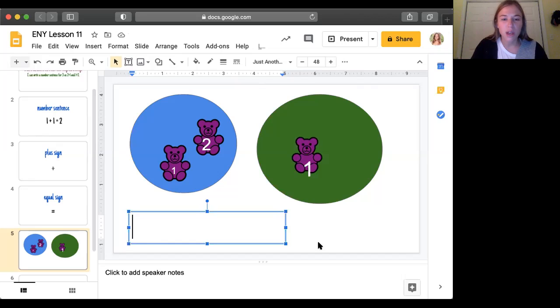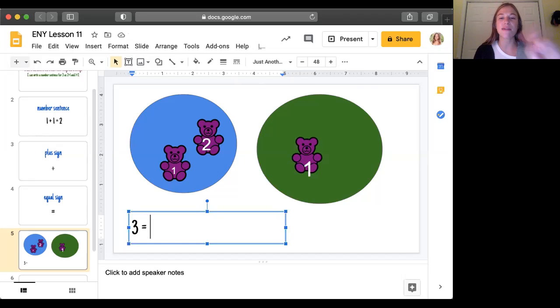So I'm going to write a 3 first. That's how many bears we had all together. Now, since we had 3 bears all together, I'm going to write my equal sign because now I need to see where did my bears come from? How did we get 3?